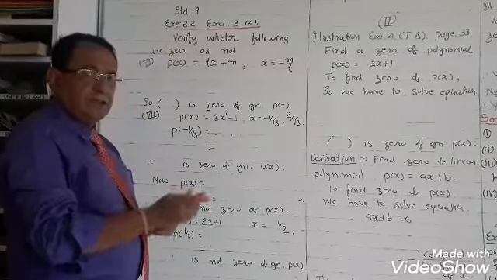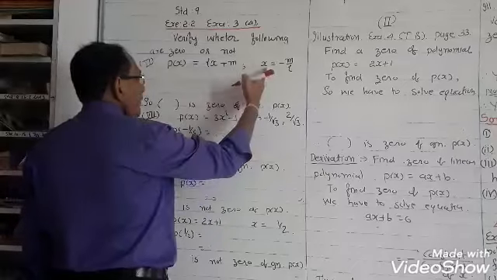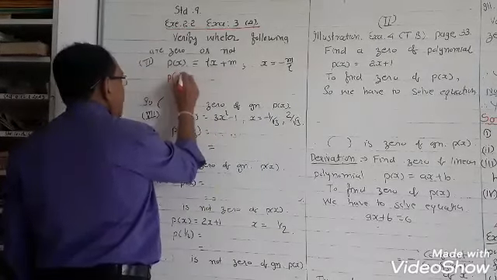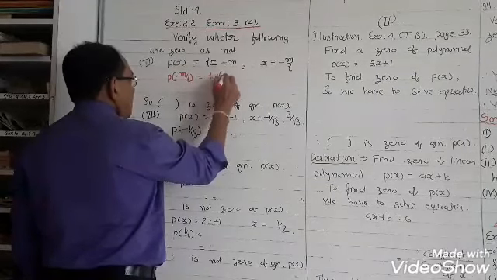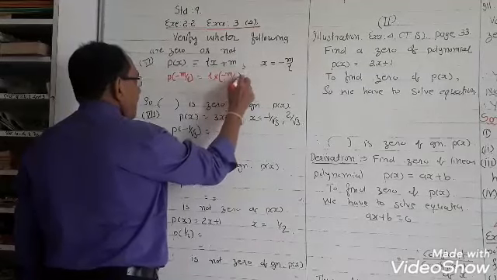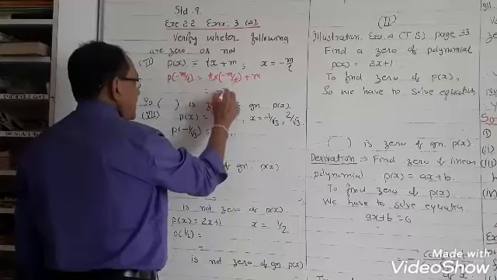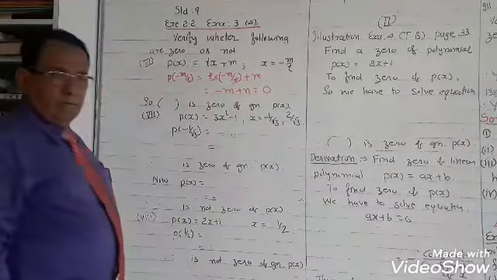How we will check it? So put the value of x. That means x is replaced by minus m upon l: l times minus m upon l plus m. l cancels, minus m plus m is equal to 0.